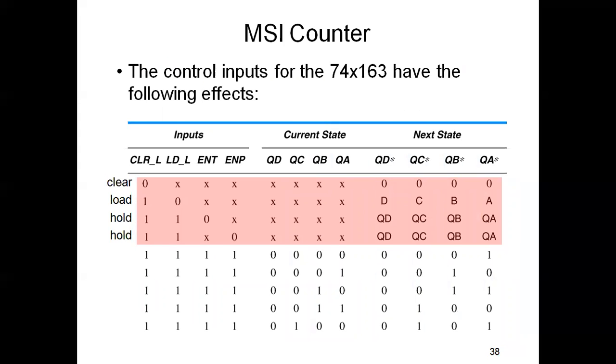The control inputs: here we follow the effects, mainly 0 with don't care, 1 0, 1 1, 1 1. At that time it is going to select D, QD, QC, QB and QA. And at all other times, whenever it is clear, all the values are 0. Load, clear, load DCBA, hold: QD, QC, QB, QA hold, and whenever once again hold, that is QD, QC, QB, QA.